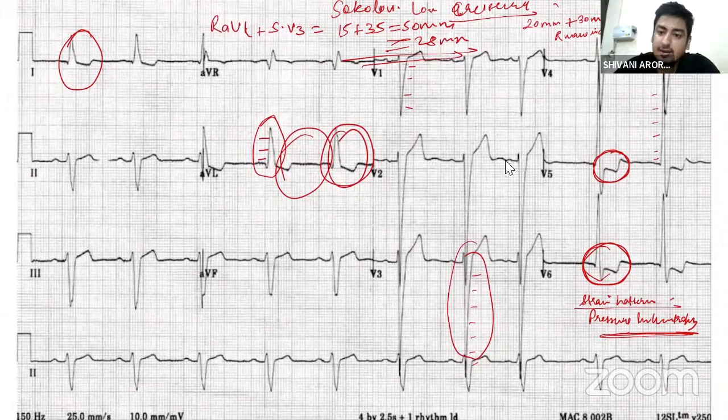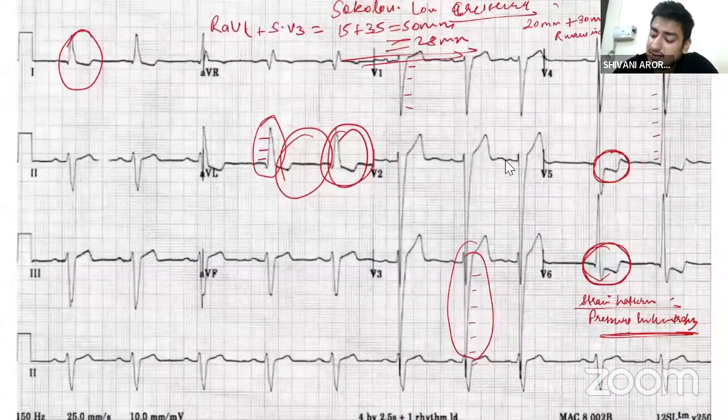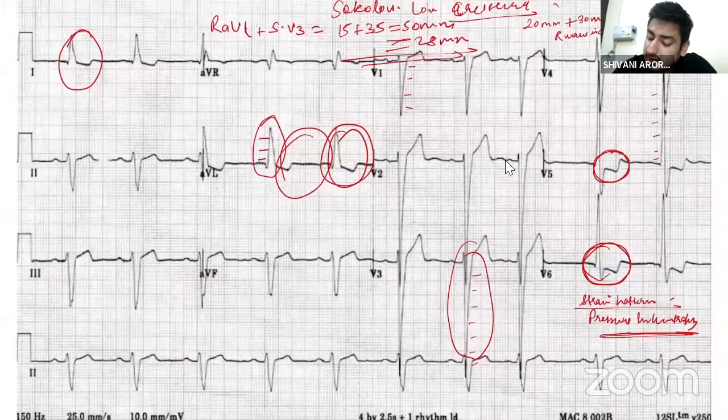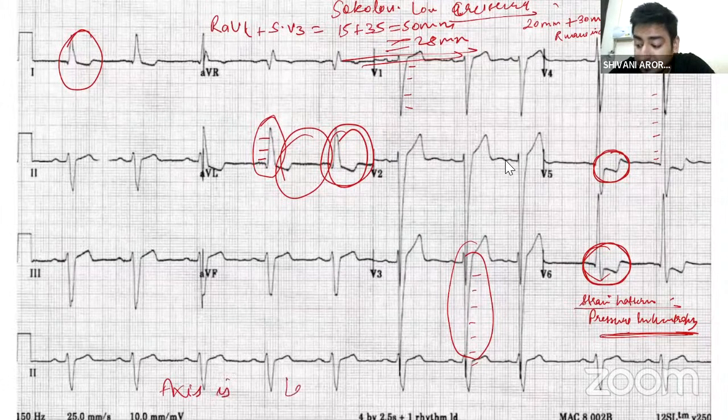Now the next slide. Again in this ECG, one thing we have skipped in the last slide is that the axis in this ECG is left axis. From my first class, we know how to look for an axis. So the axis in this ECG is a leftward axis.